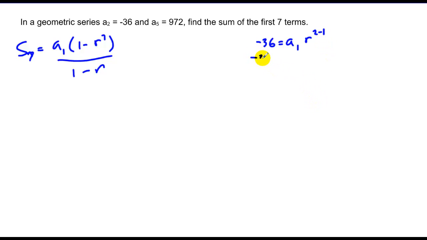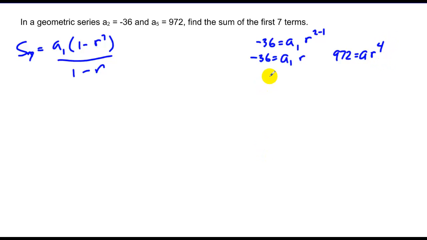Well, this is just -36 equals the first term times the ratio. Then in my next expression, I can say that I have the fifth term, which is 972, is equal to the first term times that ratio to the 4th power.